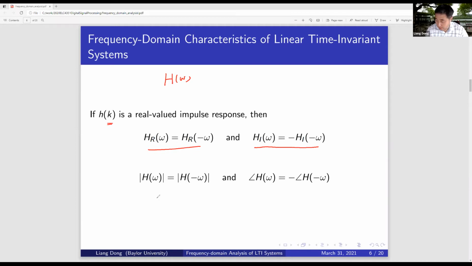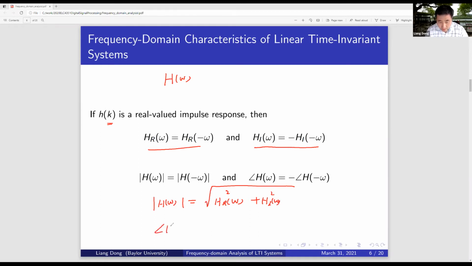This is easy to do because we know that this amplitude, if I write that in real part and imaginary part, will be the real part squared plus imaginary part squared, and then take the square root.